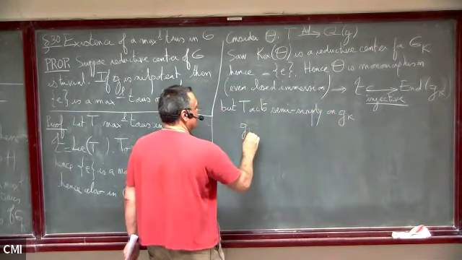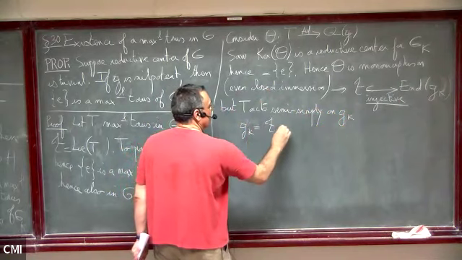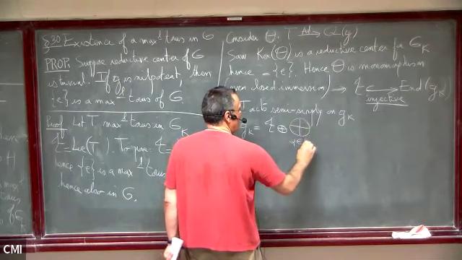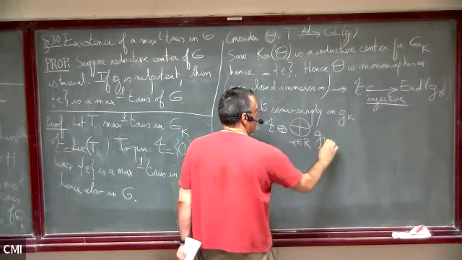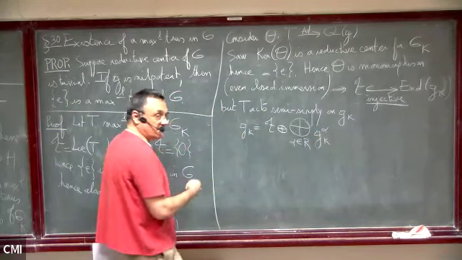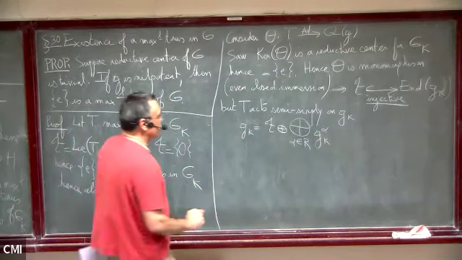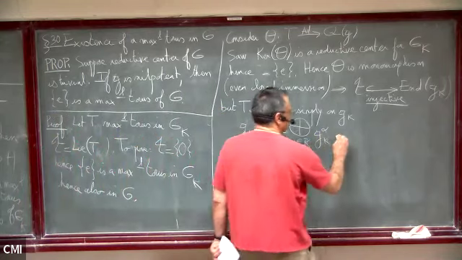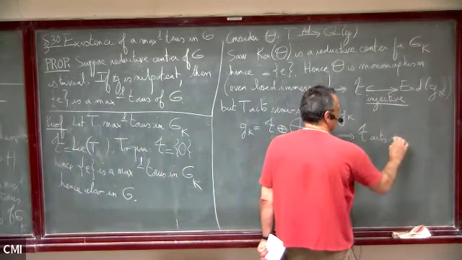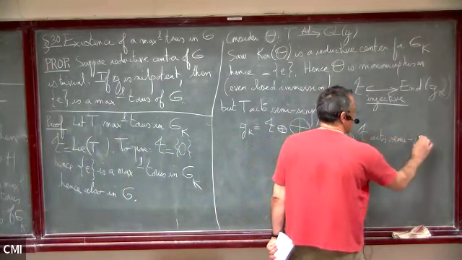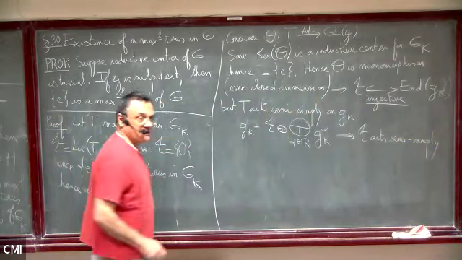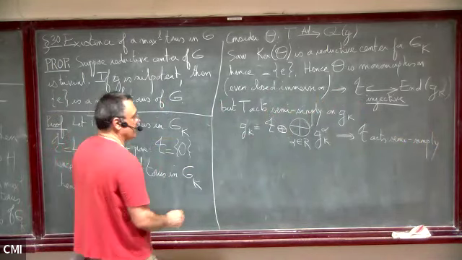In fact, we have the usual decomposition. And so this means that T acts semi-simply, also because it just acts by the derivative of the character.